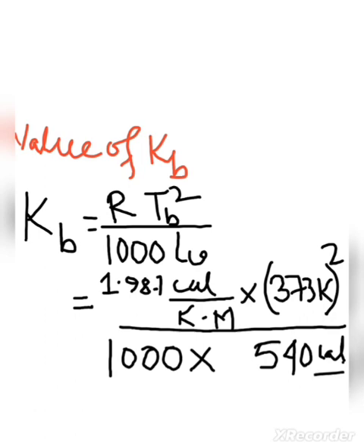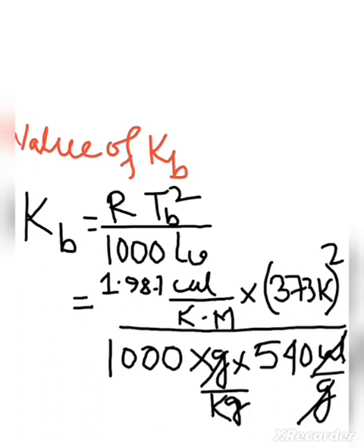540 calorie per gram. Now what is the unit of 1000? The unit of 1000 is gram per kg, because 1000 gram means 1 kg. If we take this unit for the 1000, then gram cancels, calorie cancels, and the Kelvin in the numerator and the Kelvin in the denominator cancel.